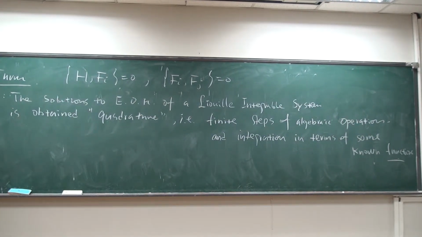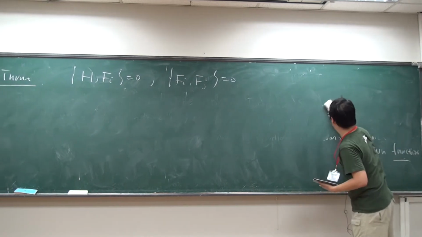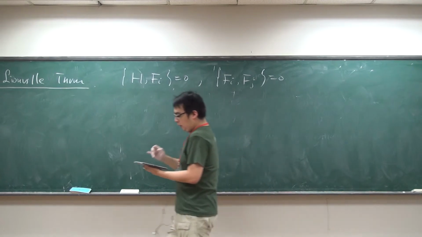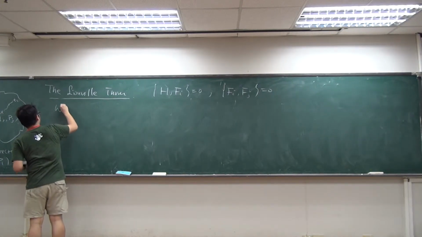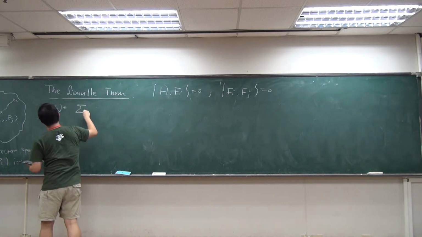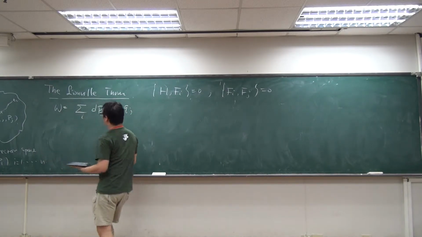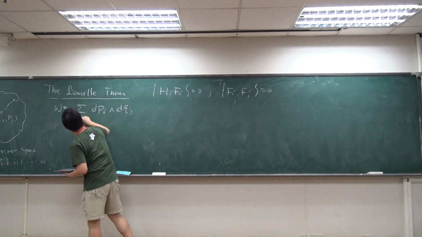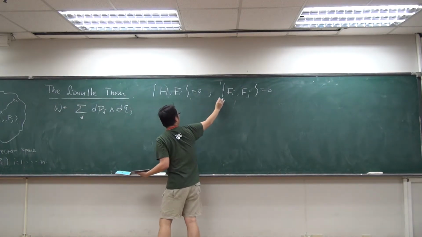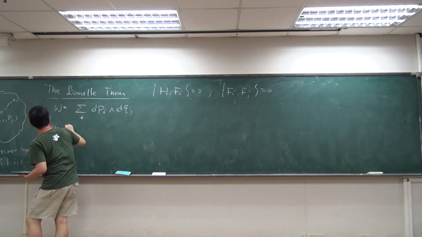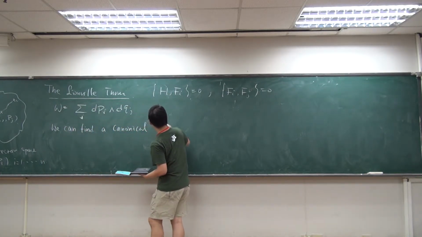The basic idea is that given a Poisson bracket, or a symplectic form on a phase space as such, we can find a canonical transformation.